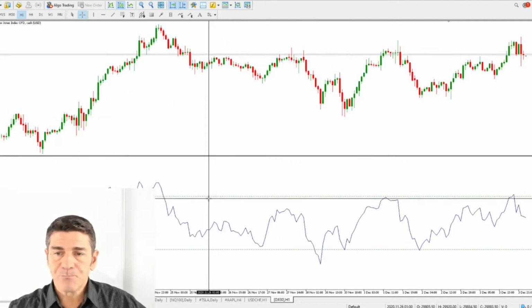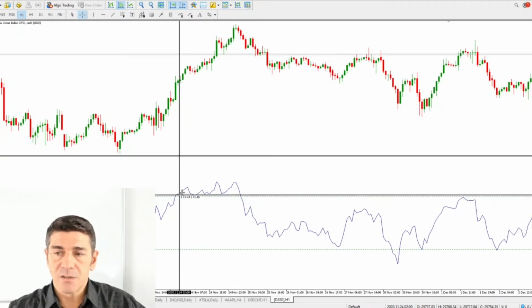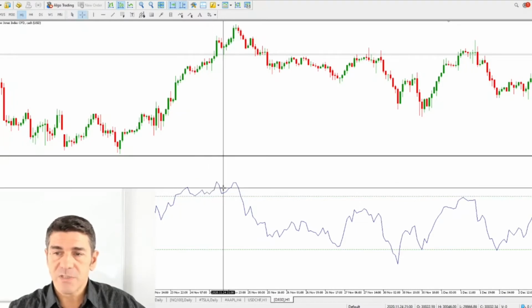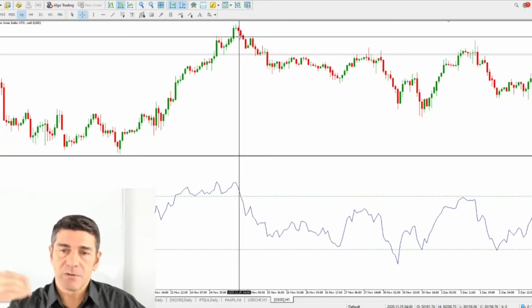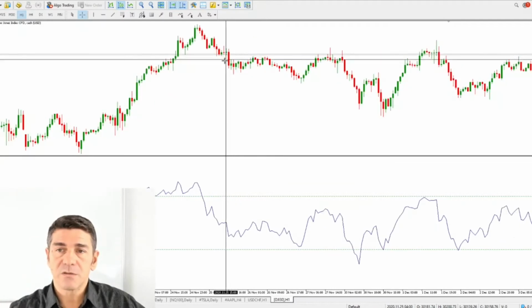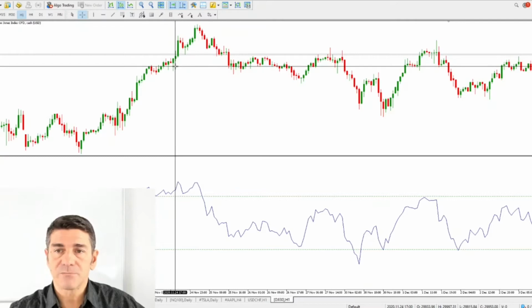In other words, what does it mean? If the RSI is already above 70, we consider that the price chart is already in the zone where the market is overbought. In other words, we may expect some reversal soon after this.